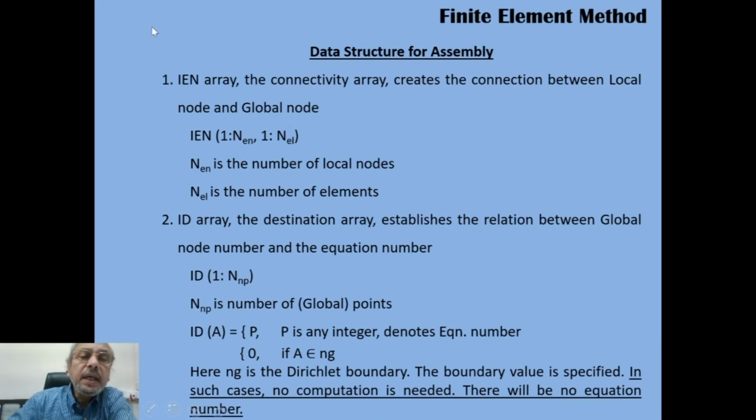See, IEN is an array, a connectivity array, which creates the connection between local node and global node. So IEN will be written in this way: IEN(1:NEN, 1:NEL), where NEN is the number of local nodes and NEL is the number of elements.